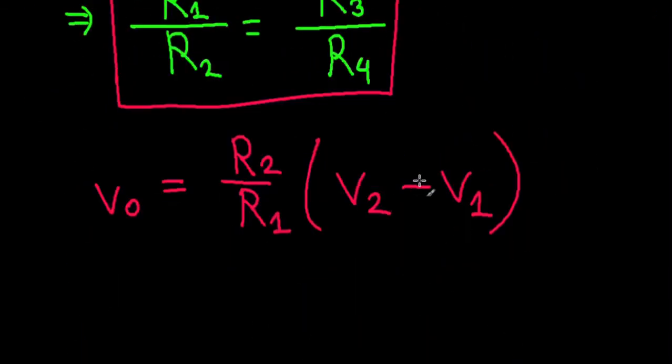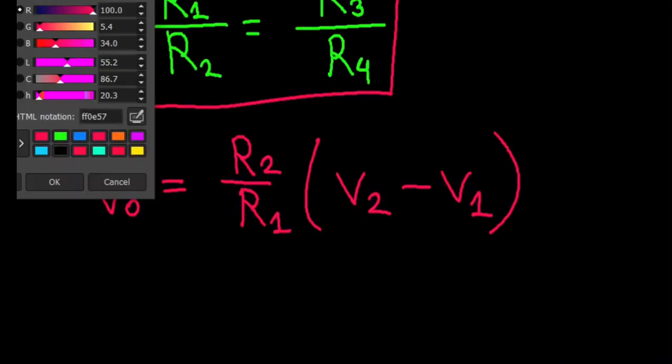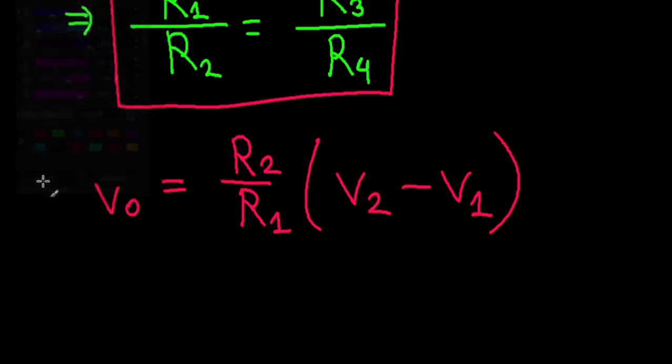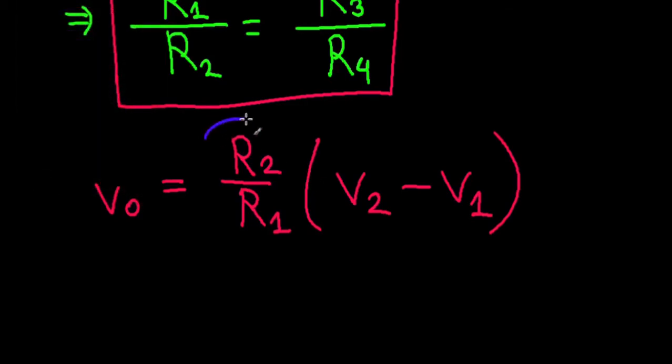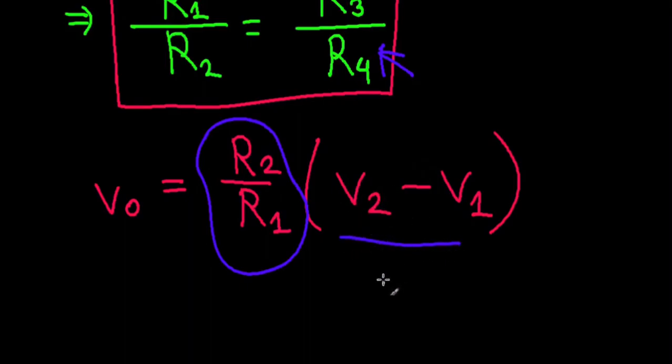If we need this to be true, our equation boils down a lot. This is your gain. You have some gain, which is the ratio of R2 and R1, also the ratio of R3 and R4 actually, and multiplied by the difference of the two voltages.